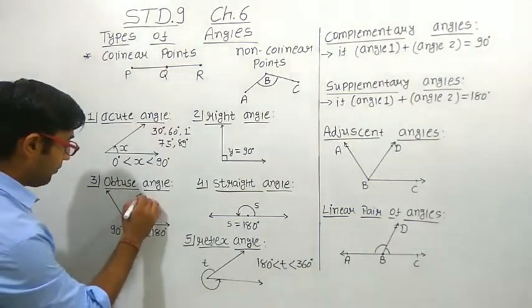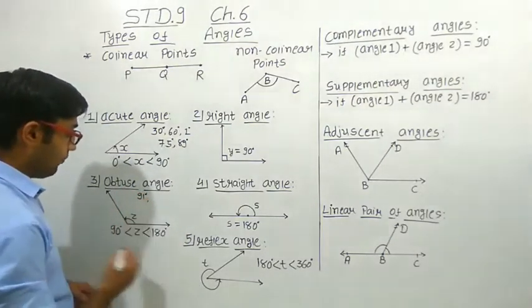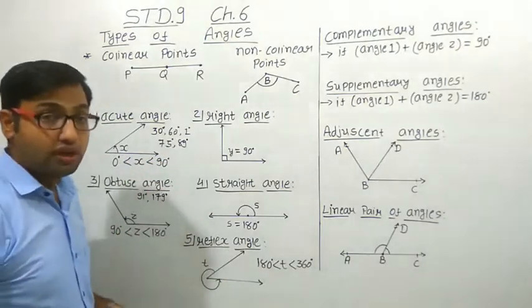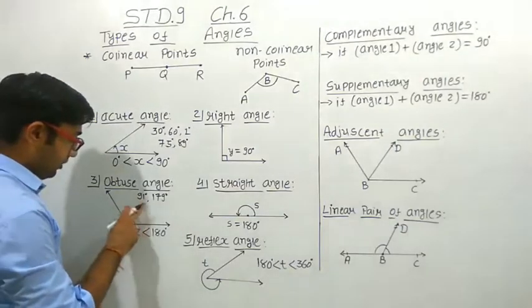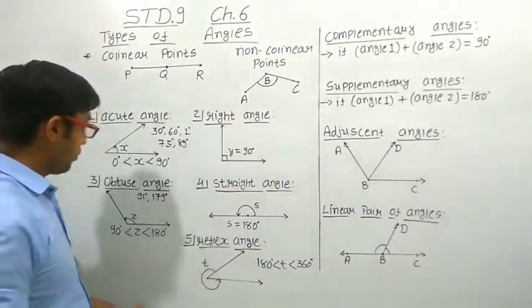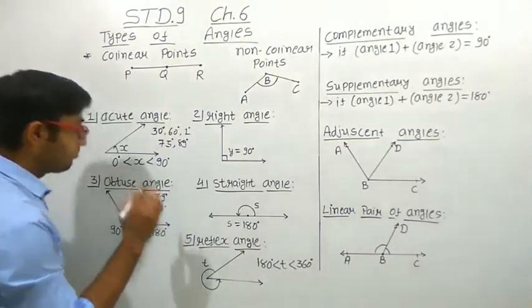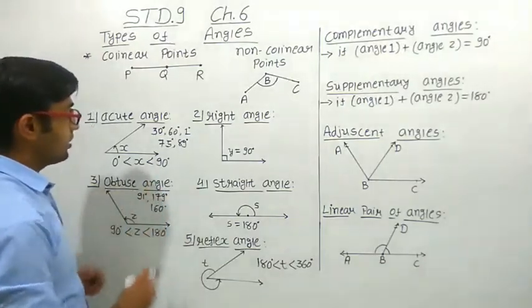For example, 91 degree is an obtuse angle. 179 degree is also an obtuse angle. So if the angle is from 91 to 179 degree, it is called an obtuse angle. Suppose 160 degree, it is also an obtuse angle. So this is the third type.